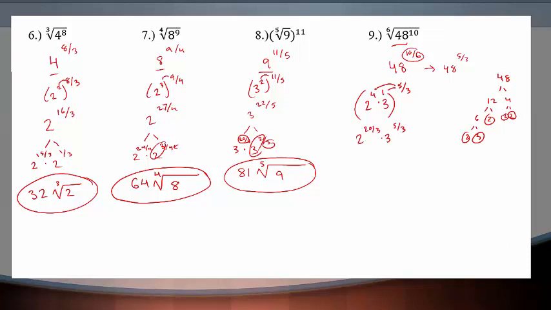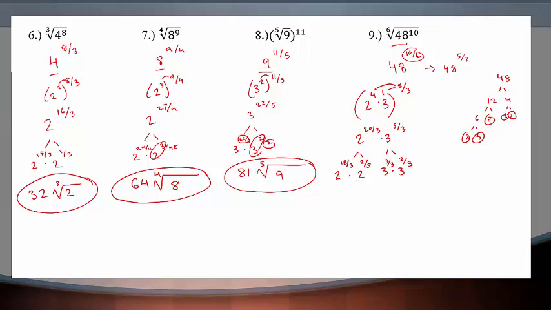So you can see right now that both of these are not proper, so we're going to have to do some work for both of them. So they are both going to get broken apart. 20/3 can be written as 18 and 2. 5/3 can be written as 3 and 2.